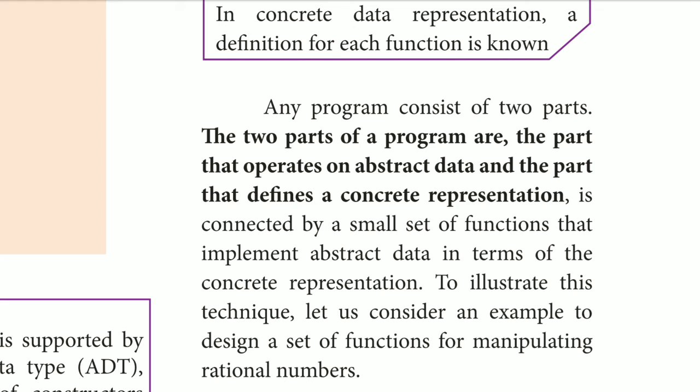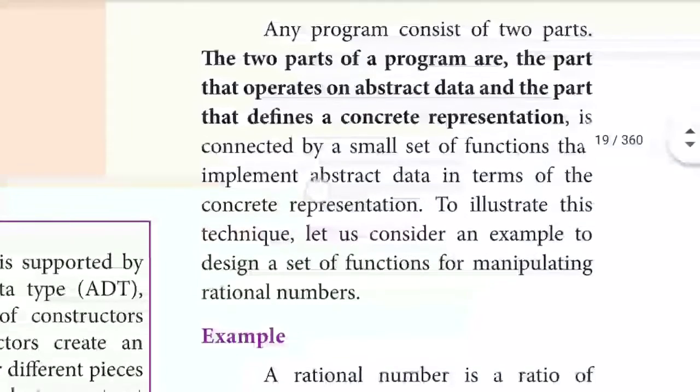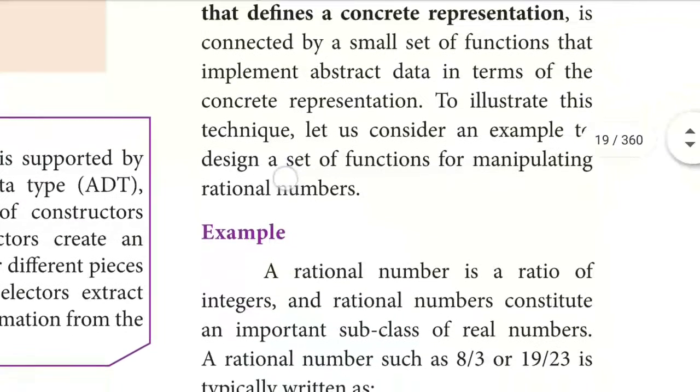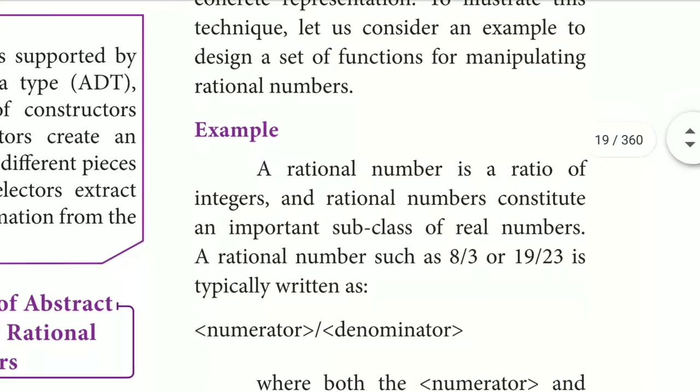To illustrate this technique, let's consider an example: designing a set of functions to manipulate rational numbers. A rational number is a ratio of integers, and rational numbers constitute an important subclass of real numbers.